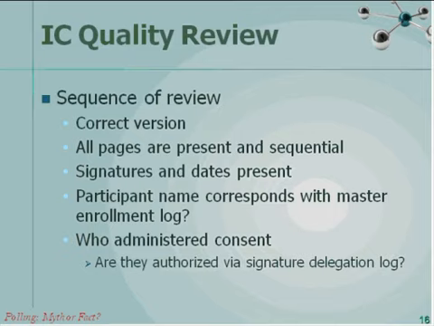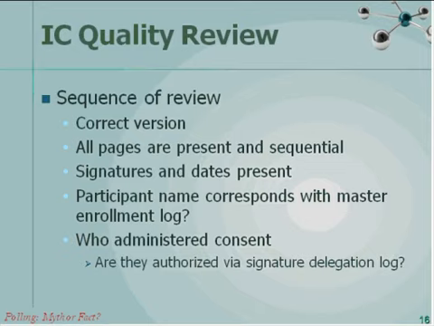We also review who administered the consent. We look at the staff signature and delegation log, and we compare the signatures to make sure that the person who gave the consent was authorized to do so and that they received all the appropriate training.